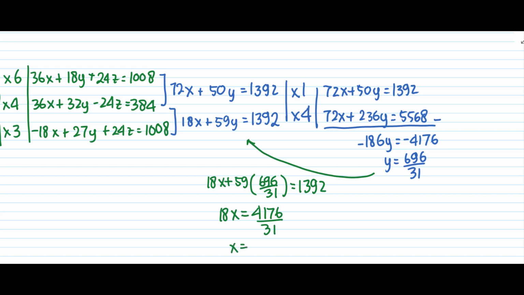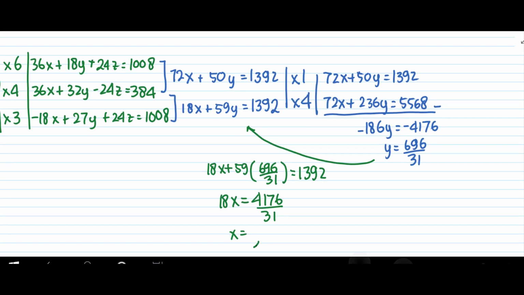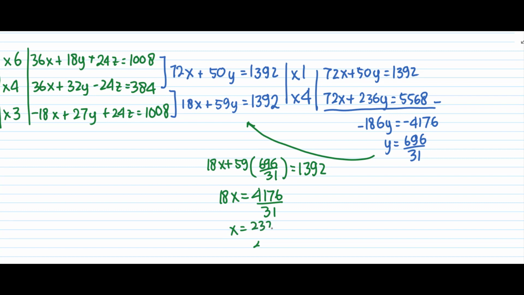So x will be divided by 18, 232 over 31. There you go. It's for x.